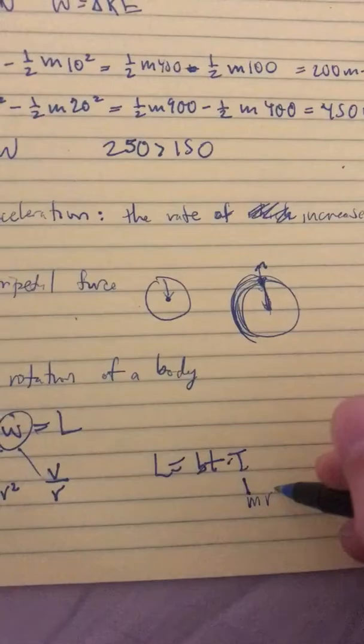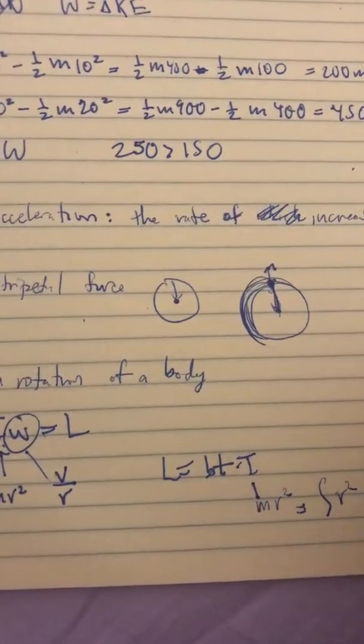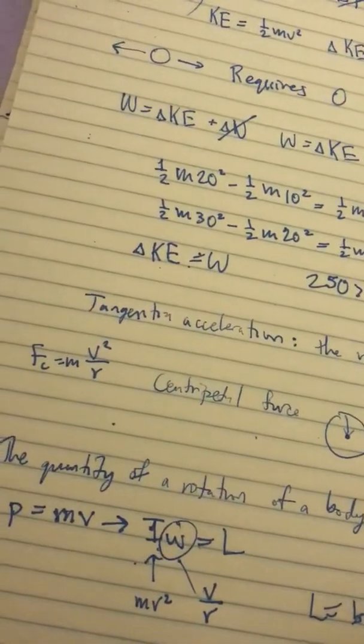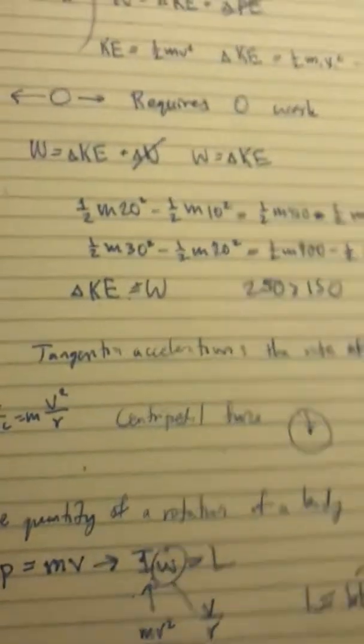Remember that it also equals mr squared, or the integral of r squared dm. The problem doesn't ask us to find specific values for m or r, so we can just plug that in. As you can see in the model, it just gives us an r for that. So we can just plug that in for I.